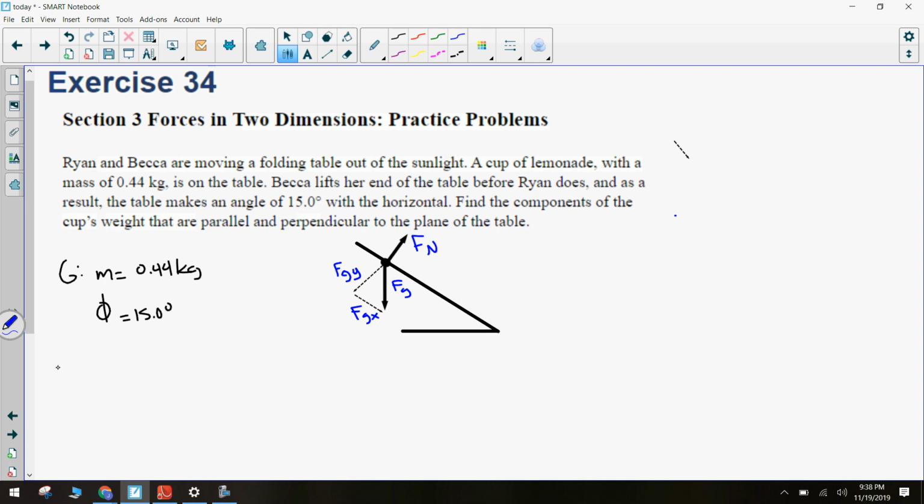Alright, so our unknown is the parallel and the perpendicular components. So we just need to find FGX for my parallel and FGY for my perpendicular. Our equations. So we need to get theta first. So theta is just 90 minus phi.